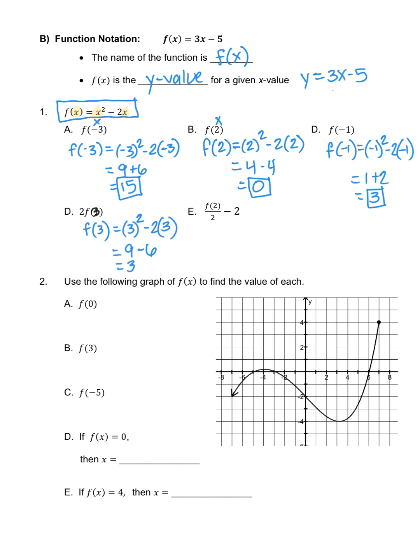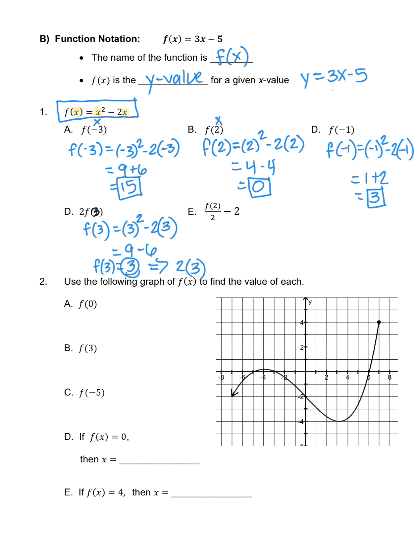Now what we're going to do is bring down this 2, right? So we have this 2. We can see that f of 3 now equals 3, right? Now instead of putting f of 3 next to it, the way it has it written, it has 2 f of 3. What we're going to do is replace that f of 3 with the 3 that we just found right there.